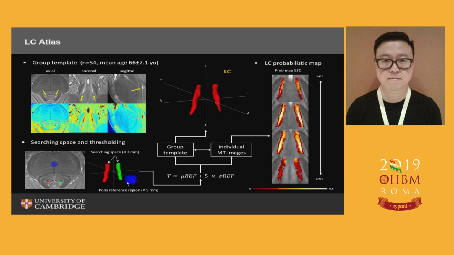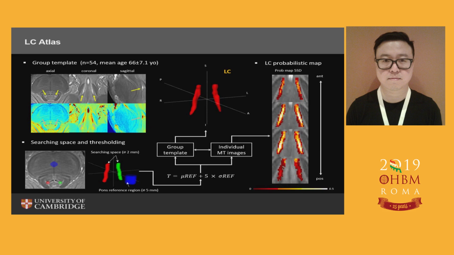We also defined a more specific searching area and more stringent threshold to be applied to both group template and individual MT images. For the group template, by using this method, we can get this group-level LC automatically segmented, and for individual MT images, by applying this method, we will get this LC probabilistic map.